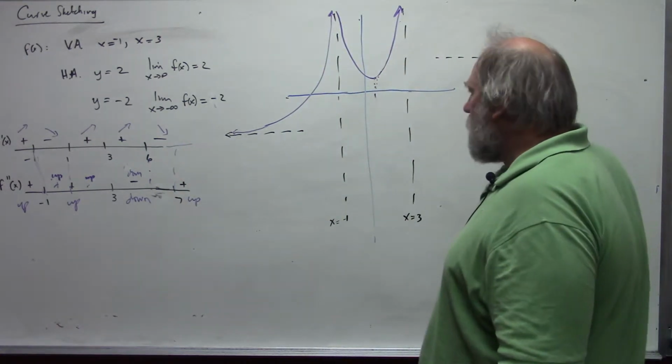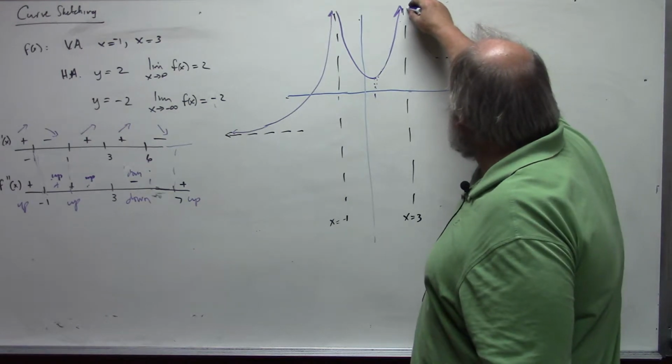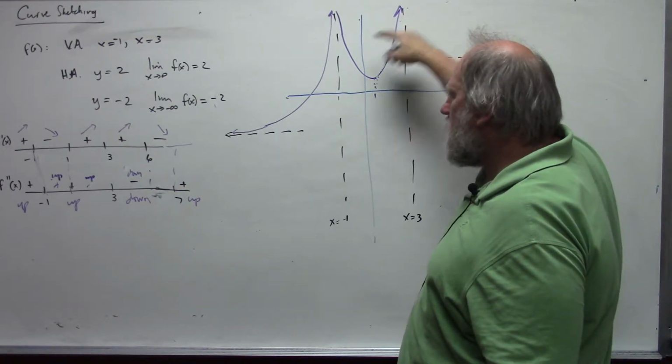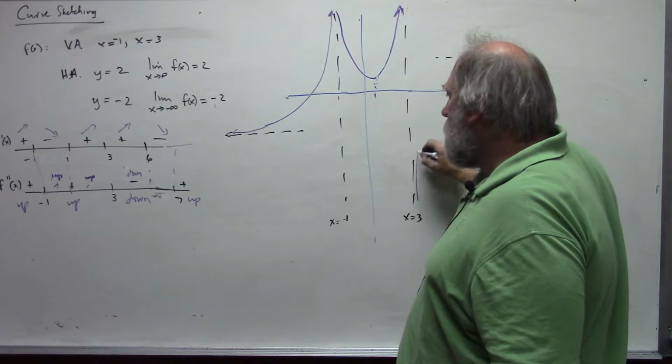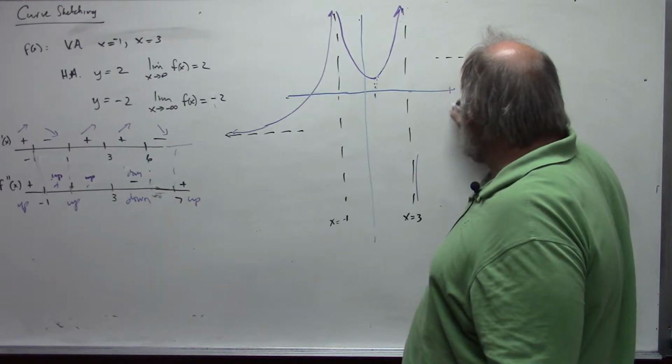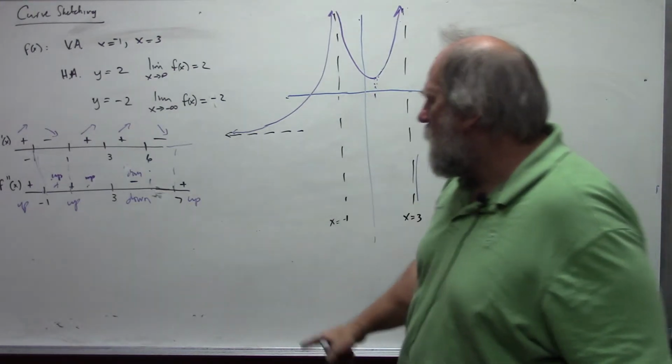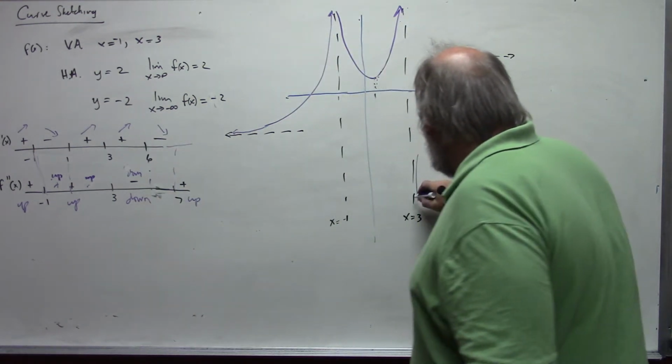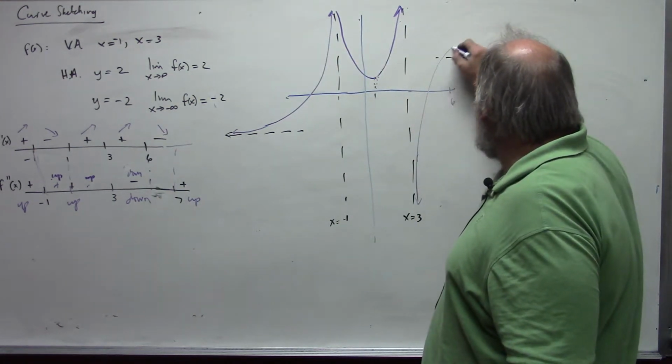So from 3 to 6, let's suppose here's 6, I am increasing but down.